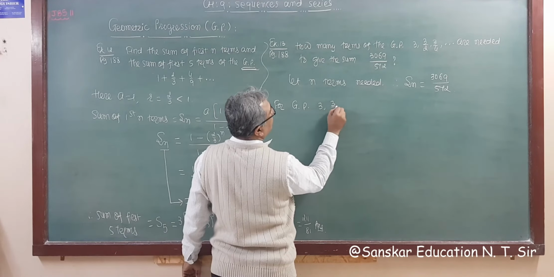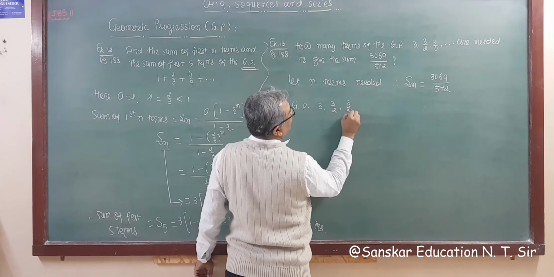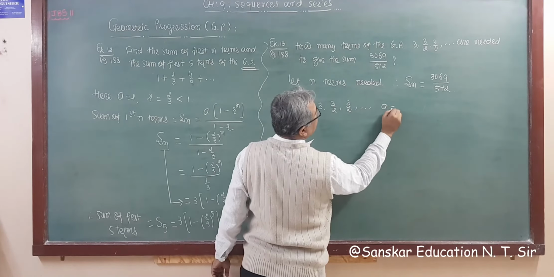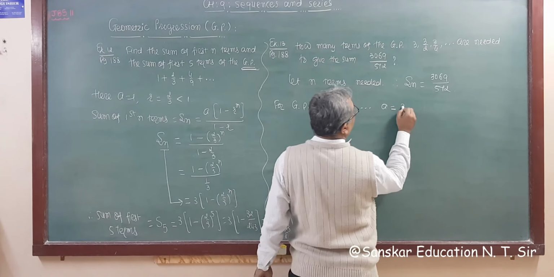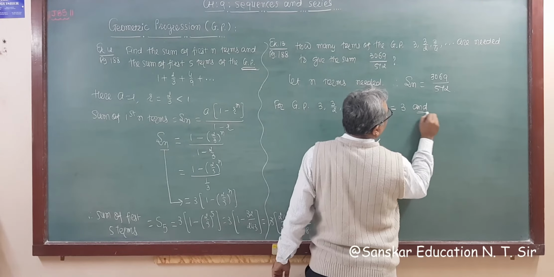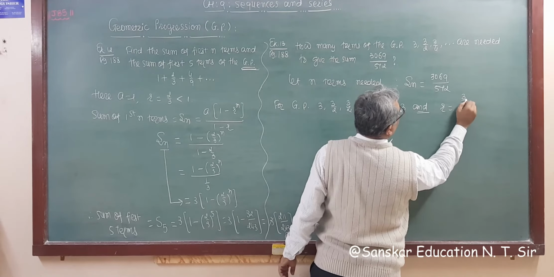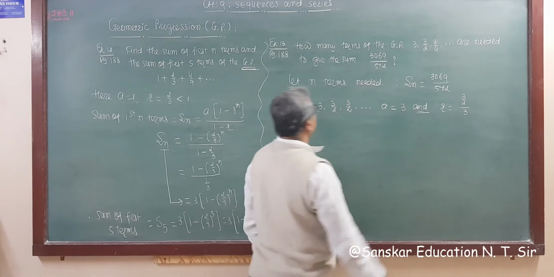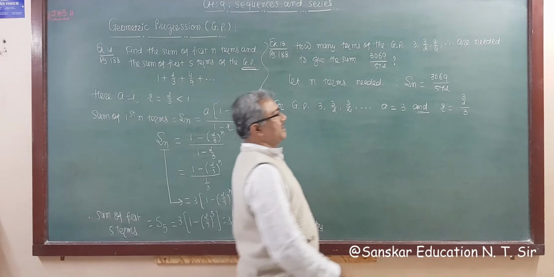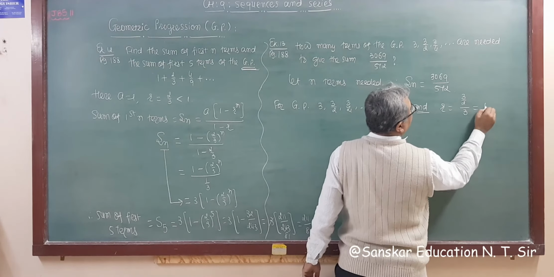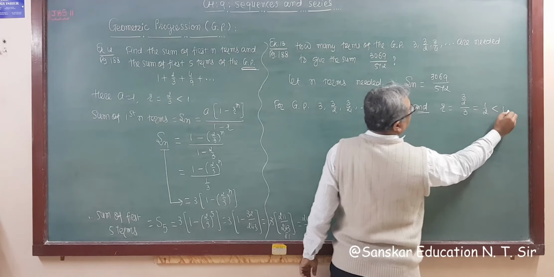And for the GP 3, 3 by 2, 3 by 4, a is equal to 3. The common ratio r is equal to 3 by 2 upon 3, that is right hand side term upon left hand side term. So these 3 will be cut, and we get 1 upon 2, which is less than 1.